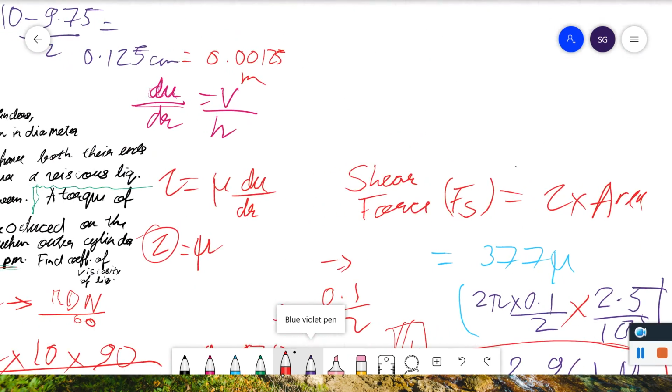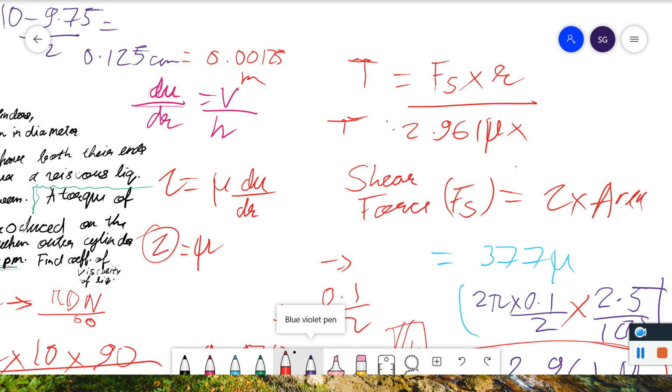Torque is nothing but Fs into R. Okay, so here it is. Torque is 2.961 mu, which we have already calculated, into R. R is 0.1, I said, 10 centimeter, 0.1, and 0.1 was the diameter.